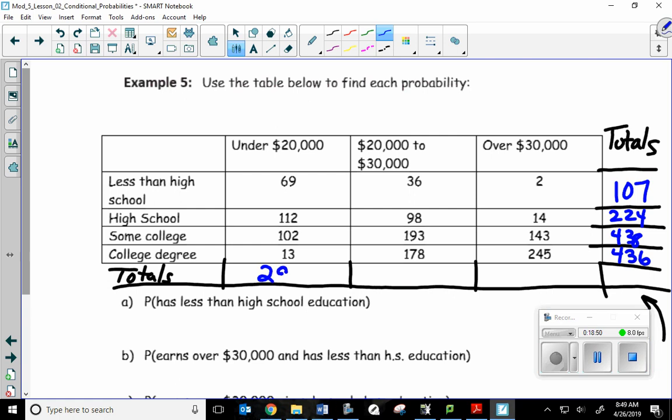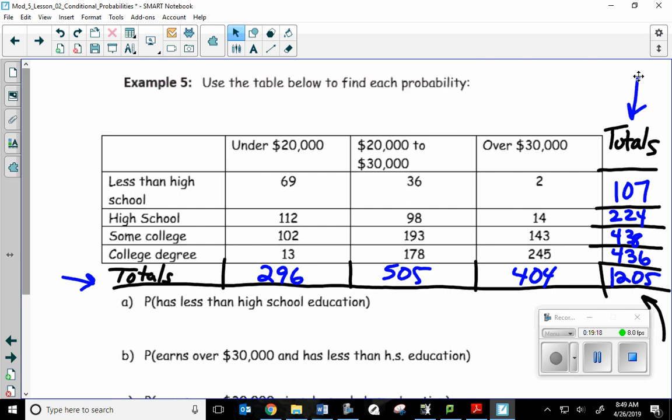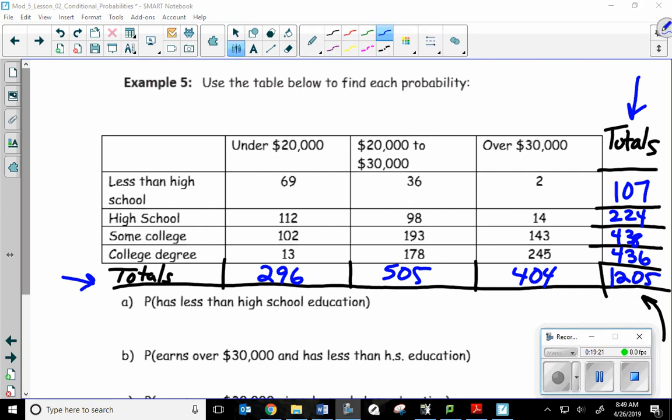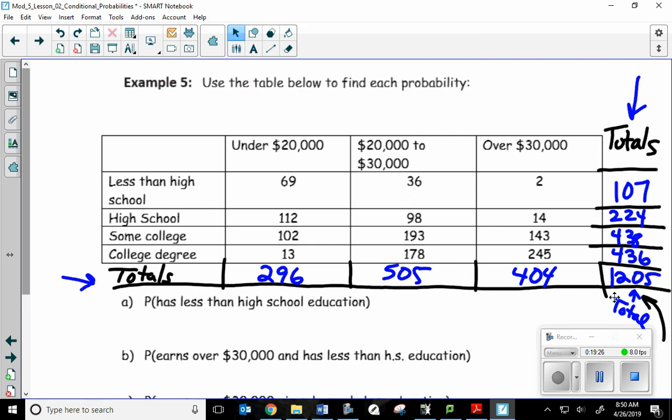We have 296 total that make under 20,000, 505 that make between 20 and 30,000, and 404 that make over 30,000. If you add this totals column and this total row, both will add up to 1,205. So that's my overall total. There are 1,205 people that were in this survey, so to speak.